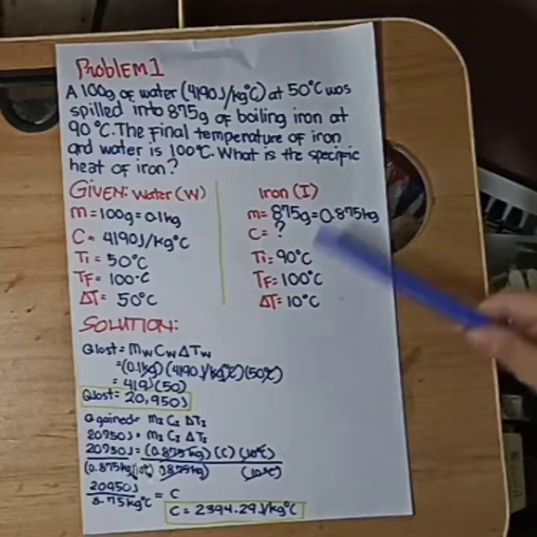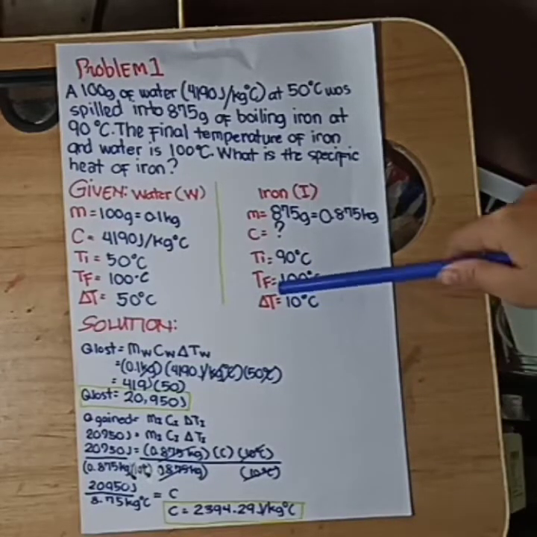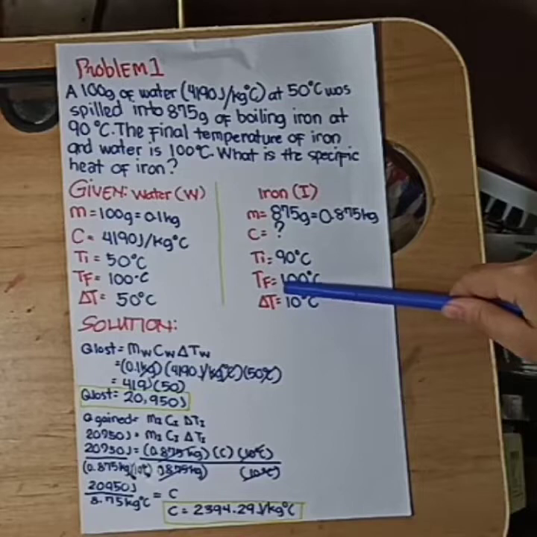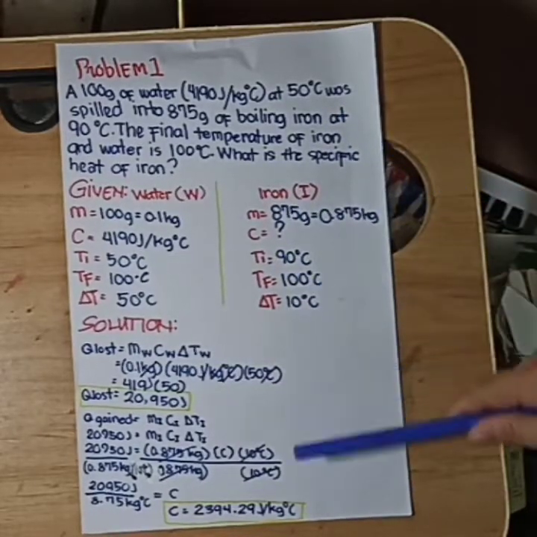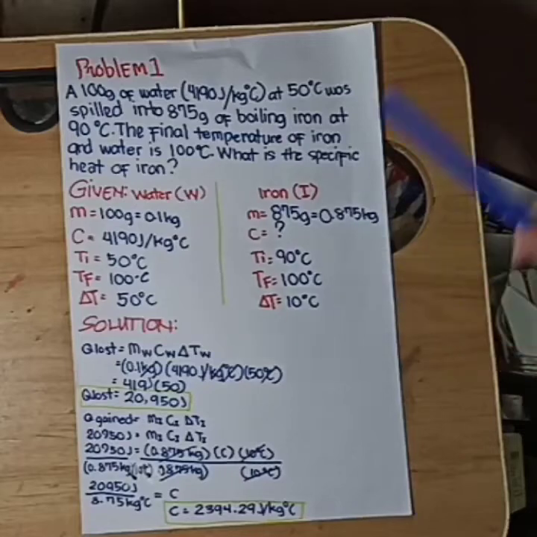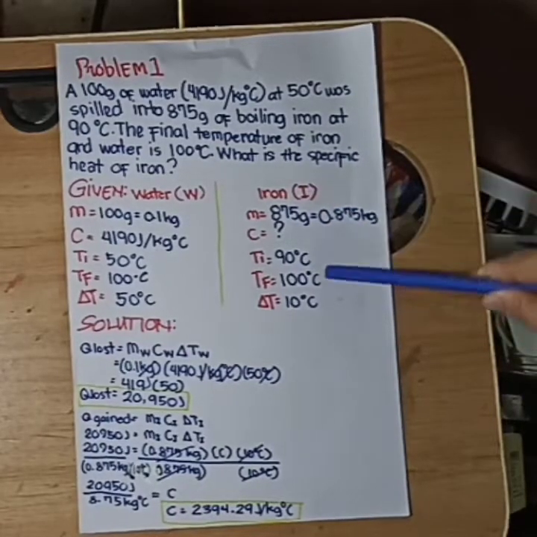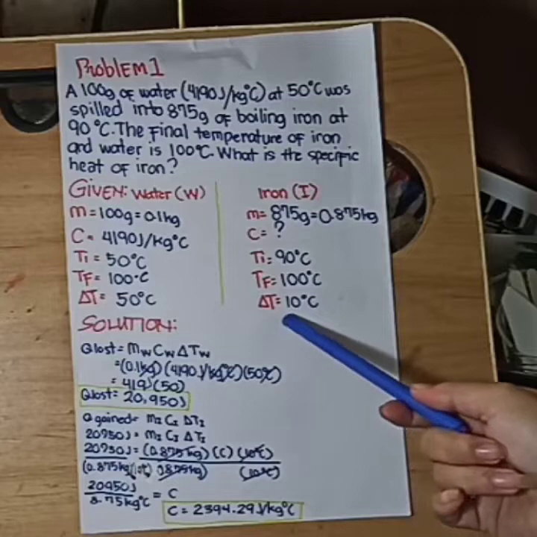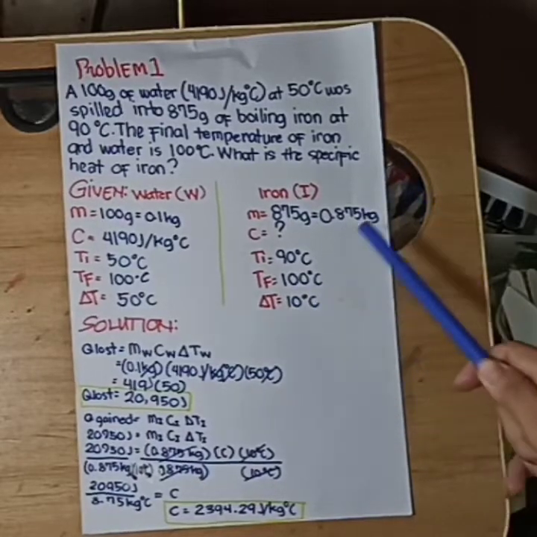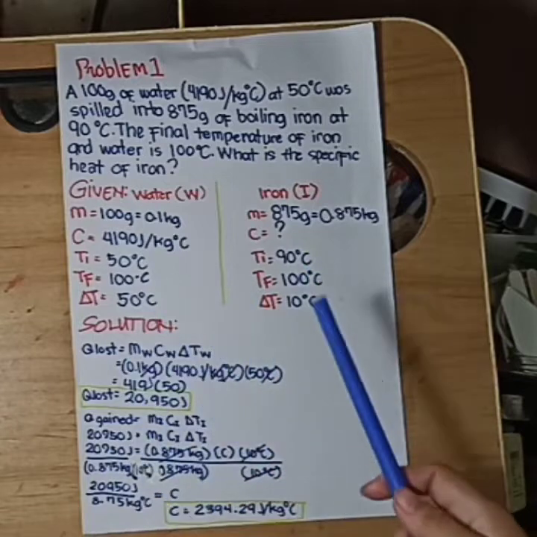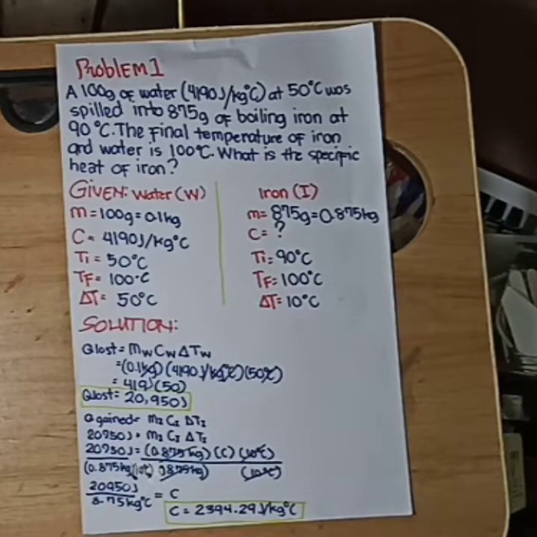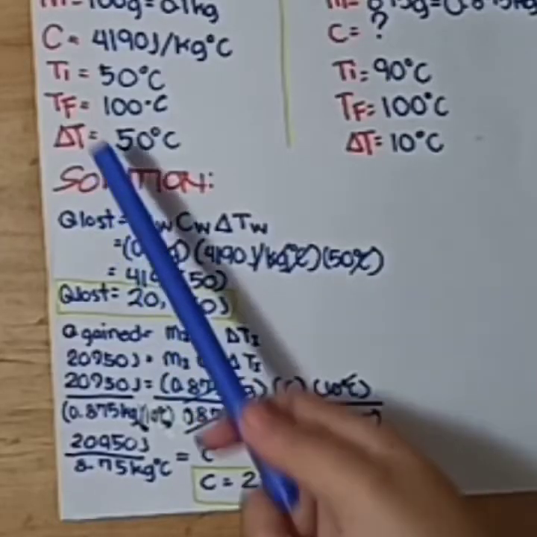Final temperature minus initial temperature, 100 degrees Celsius minus 90 degrees Celsius, is equal to 10 degrees Celsius change in temperature. Now we're going to proceed to the solution.